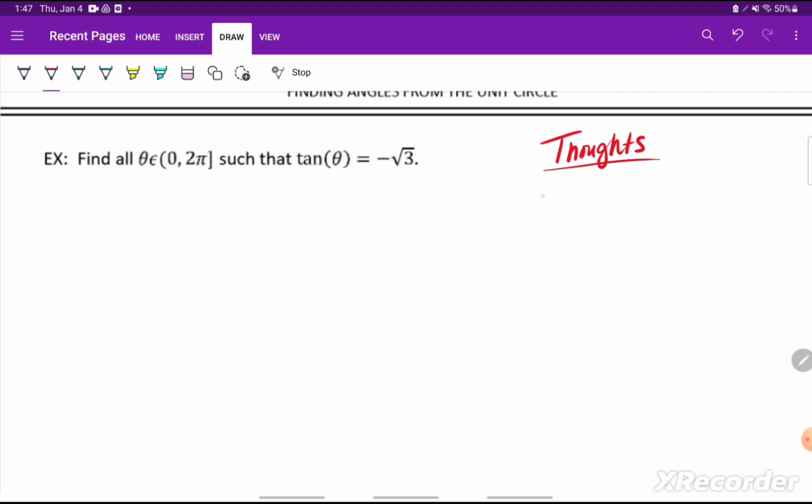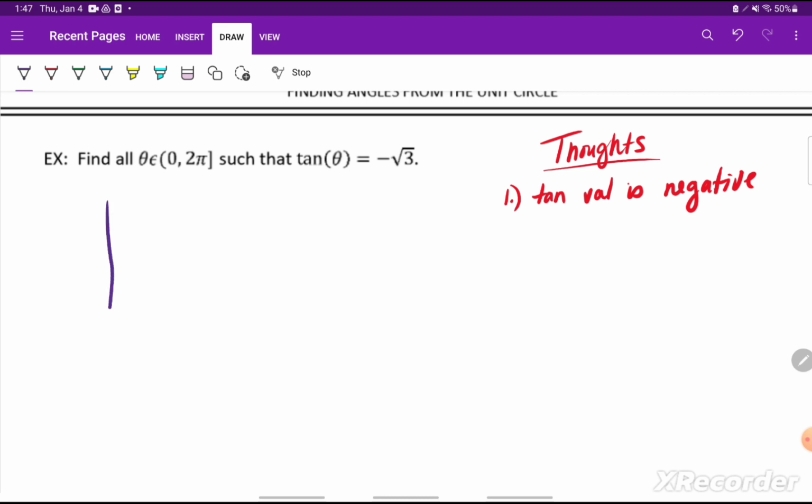The first thing I notice is that the tangent value is negative. So I want to figure out, well, where does that happen? Tangent is y over x. So the tangent value is negative when one of them is positive and one of them is negative.